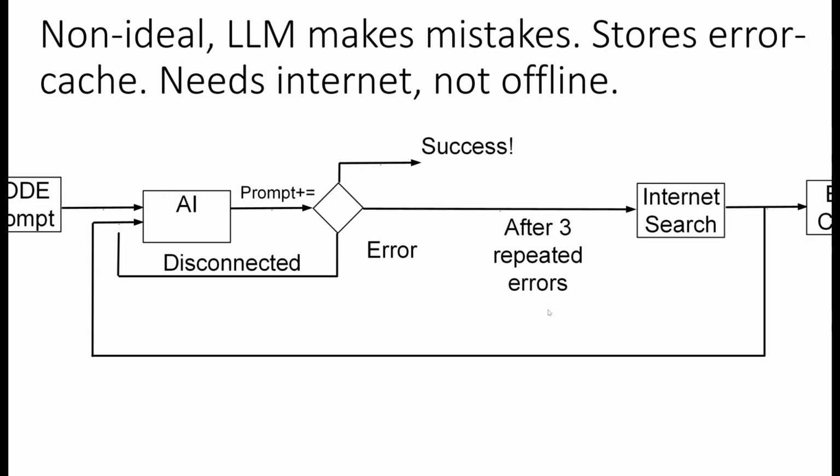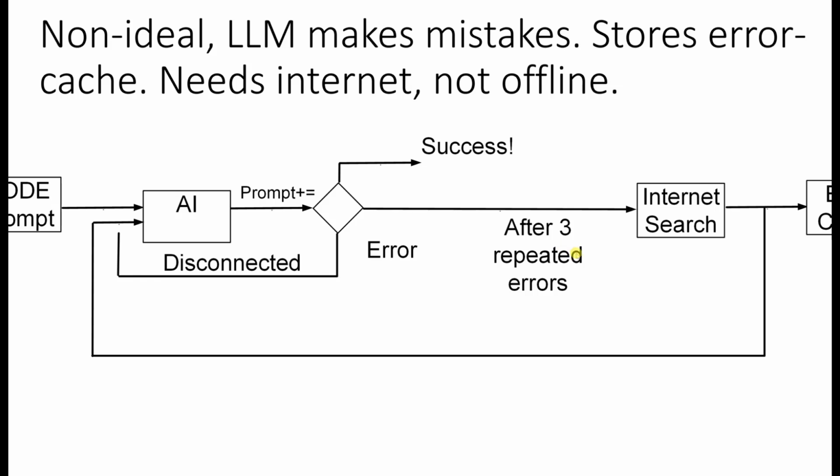Of course, in real life, the large language model makes mistakes. So what we can do, the most obvious thing to do, is here, I hope you can see this, we've got the code prompt going into the AI, and I've disconnected this part for the moment, and let's assume that it creates an error, and after 3 repeated errors of the same type, it can't solve the problem.